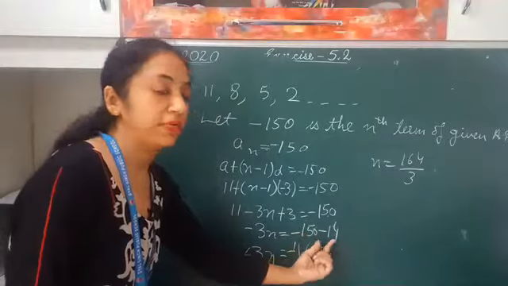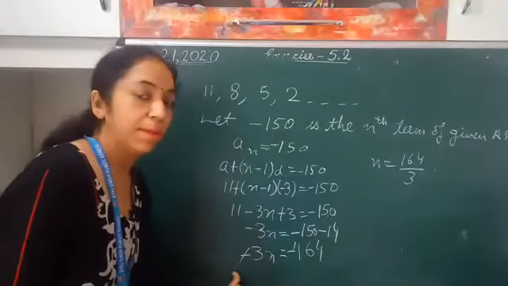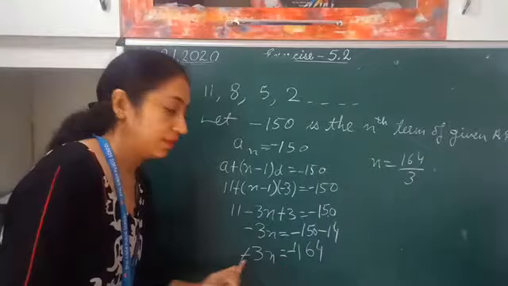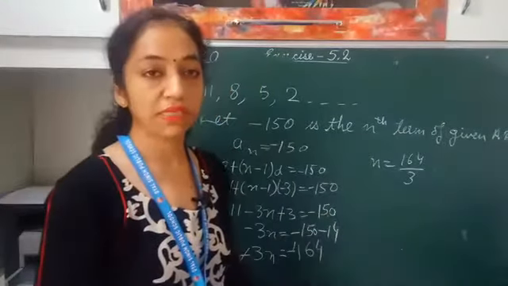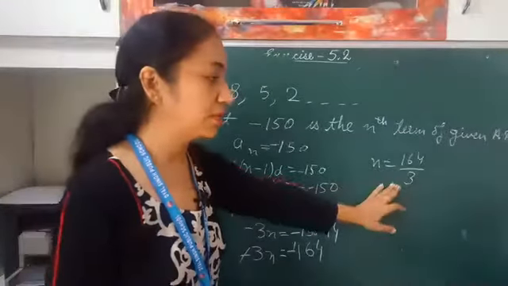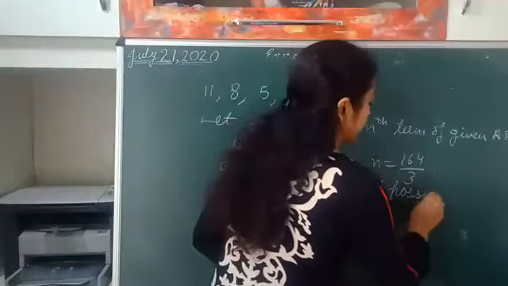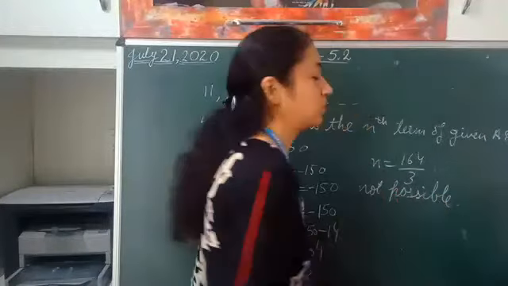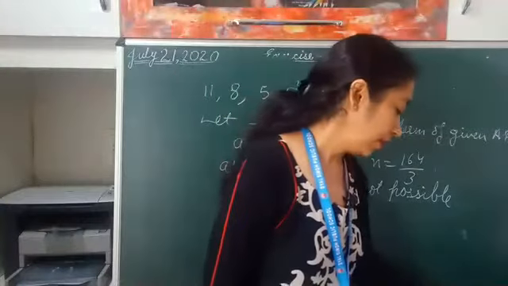Minus 150 minus 14 is minus 164 is equal to minus 3n. Minus and minus will get cancelled. 3 को आपने shift किया, then n is equal to 164/3, means this is a fraction which is not possible. If this is not possible means whatsoever we assumed was wrong. That means minus 150 is not any term of the given AP.